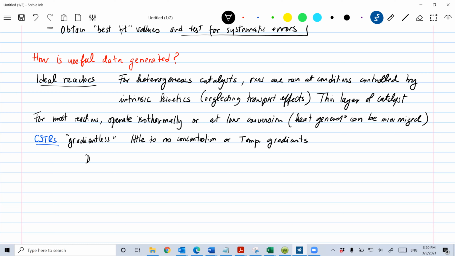So if you look at just the design equation for the CSTR, you can write it as this.